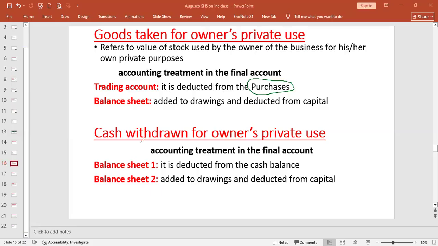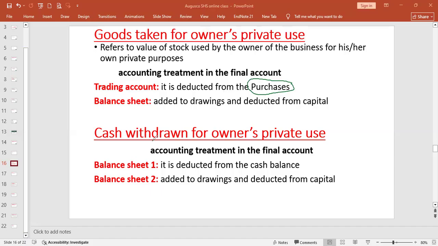The next one is when the owner takes cash or withdraws cash for his or her private use. So for example, the business has 100 million Ghana cedis in the account.